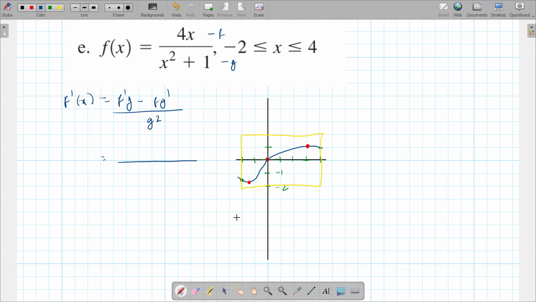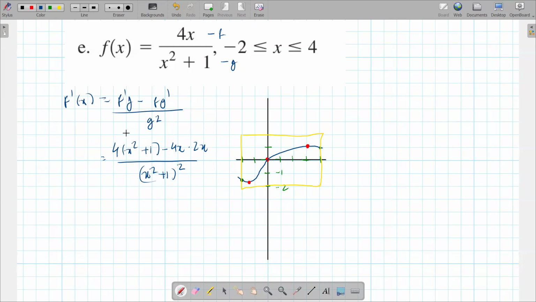So what's the derivative of this? 4 times x squared plus 1, minus 2x times 4x. And then you get this in the denominator, g squared.